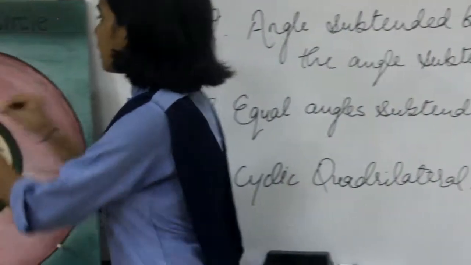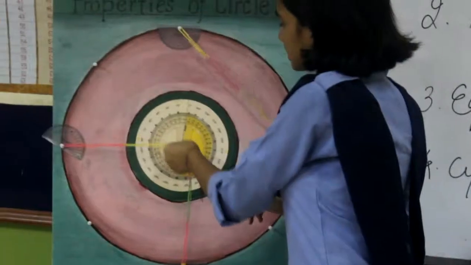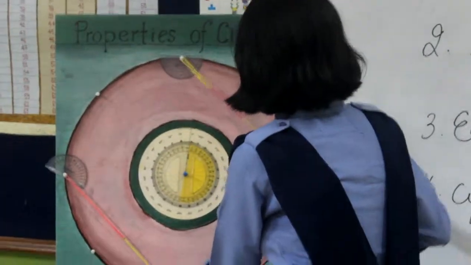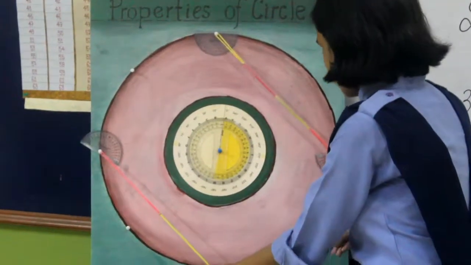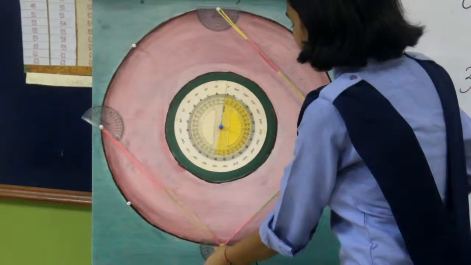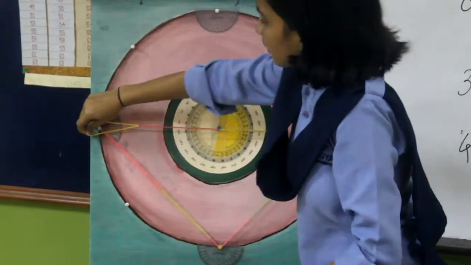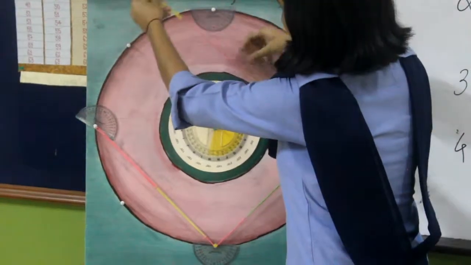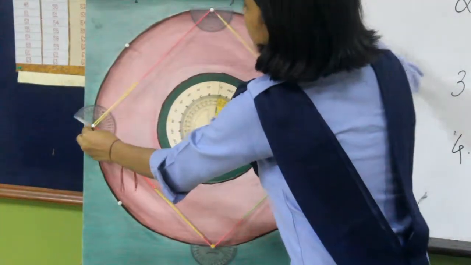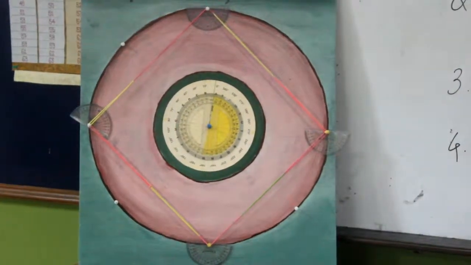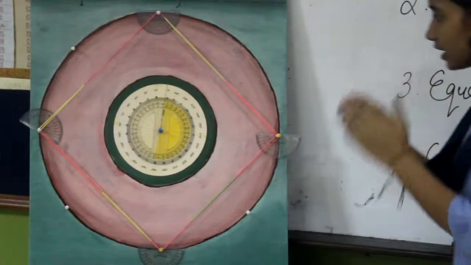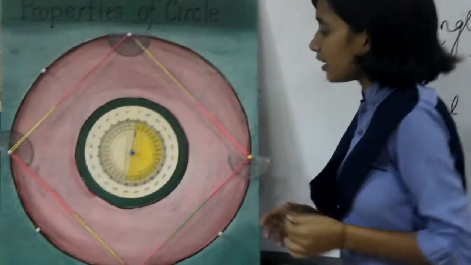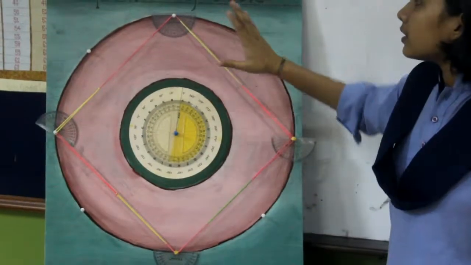So here we can have a cyclic quadrilateral like this. A cyclic quadrilateral is a quadrilateral whose four vertices lie on four different points on a circle. Here we have our cyclic quadrilateral.